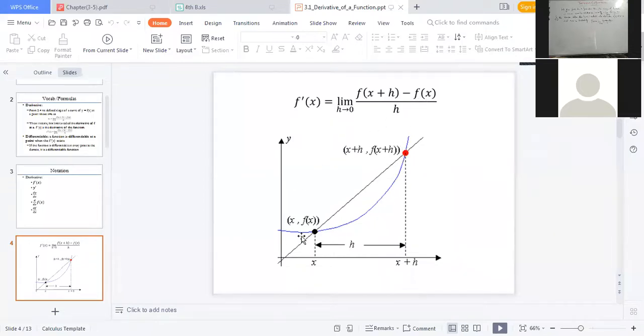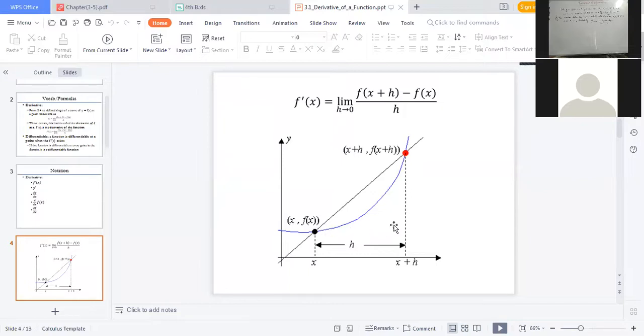Geometrically we can represent this curve. This is the first point x comma f of x, and the second point is x plus h and f of x plus h, after the increment. This is the x distance, and after the increment x plus h. So this is the base difference, and this is the perpendicular distance.